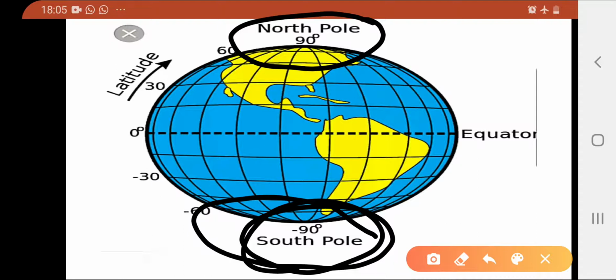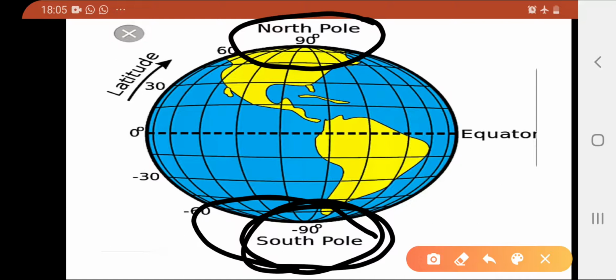the South Pole. And children, days and nights are a result of Earth rotating on its axis. When you go to class 6, you will find out how days and nights are caused.